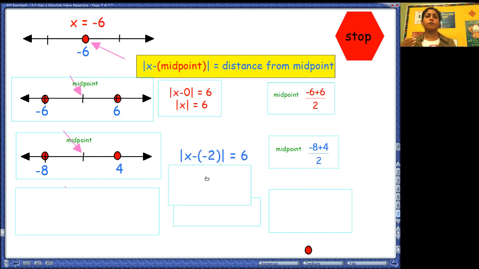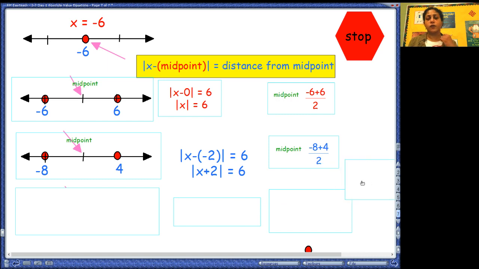So it's x minus the midpoint is equal to 6, because the midpoint is 6 units from either side. And then of course you always simplify, and it turns out to be the absolute value of x plus 2 is equal to 6. You can verify this. If you solve it, you will find that the two answers are -8 and +4.